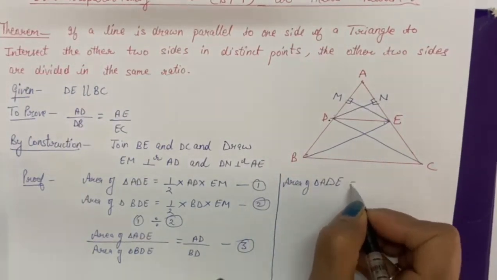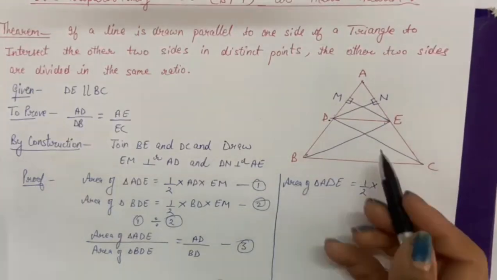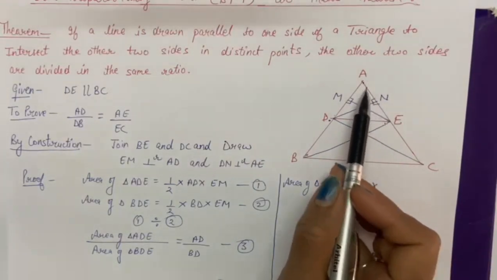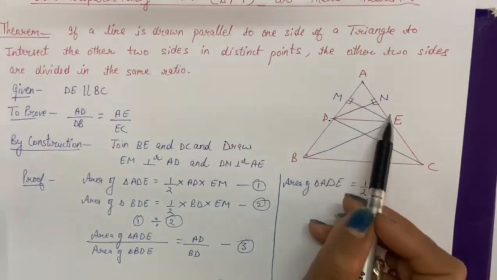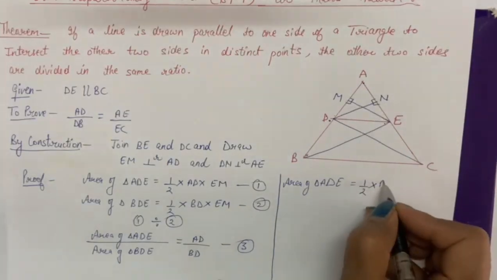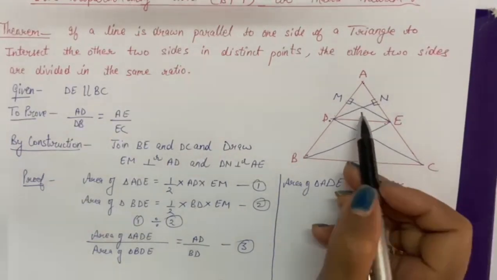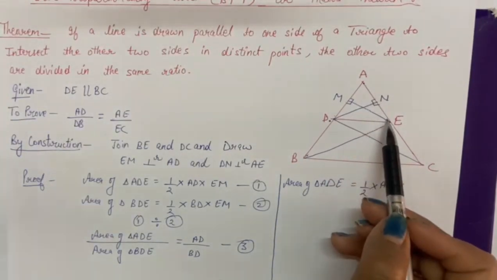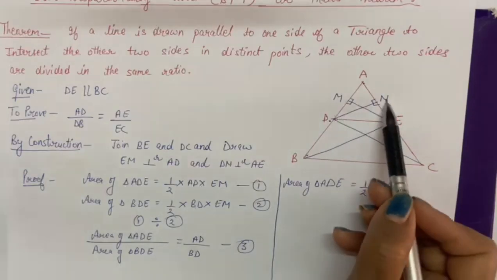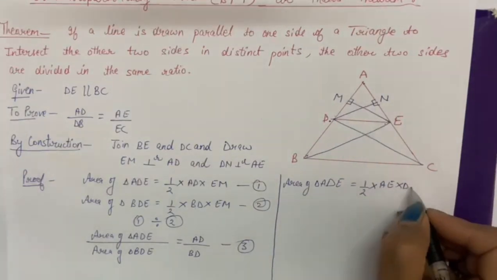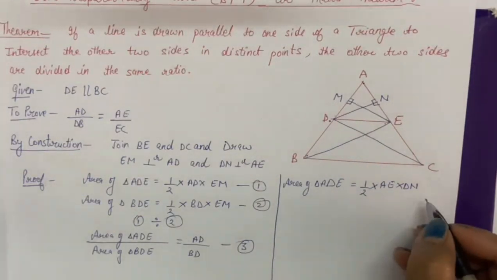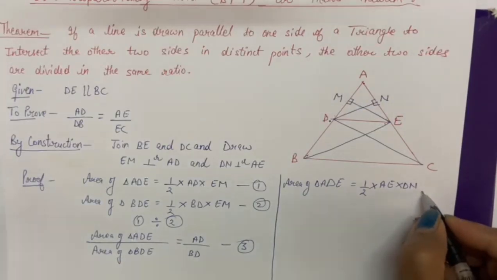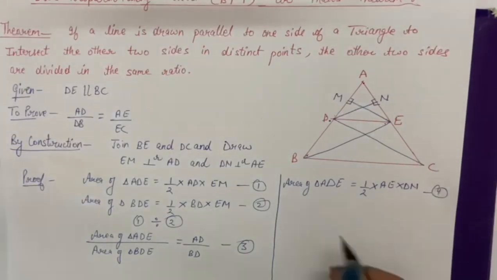So now again we will find the area of triangle ADE. So area of triangle ADE is again half base. Now for this triangle ADE, now we will take the base as AE. So AE multiplied by, and for the base AE, our height will be DN, right? So multiplied by DN. And now we can name this equation as equation number 4.